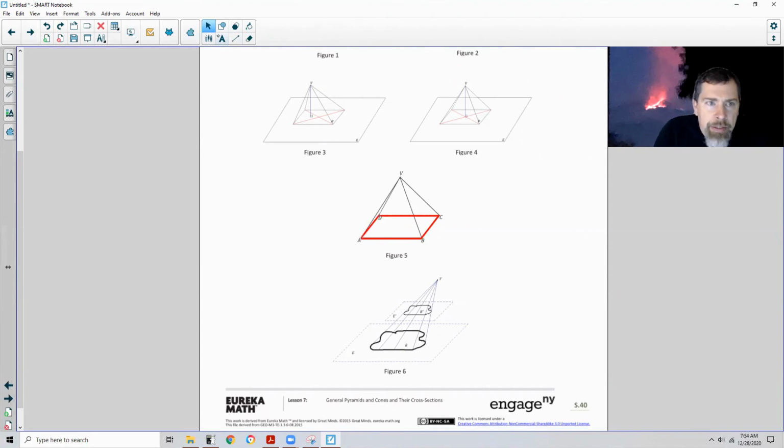That is the base. Okay, so this is a rectangular base.